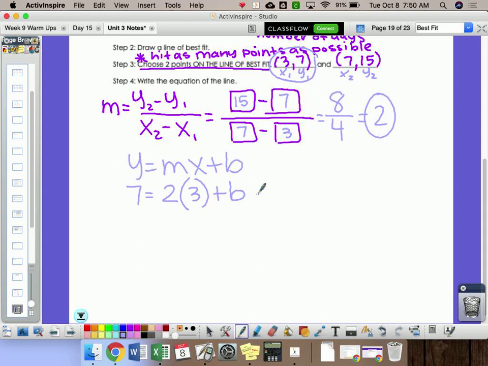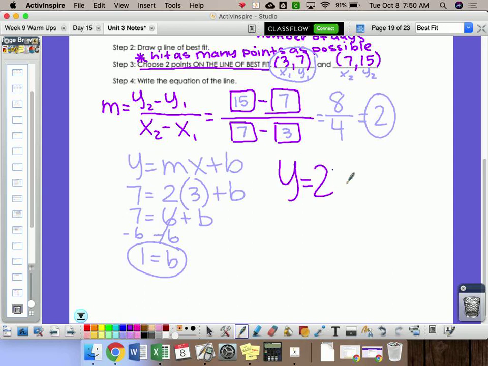So now I need to solve. 2 times 3 would give me 6. Then I need to subtract 6 on both sides, giving me b equals 1. So I have both parts of my equation. My equation for my line of best fit would be y equals 2x plus 1.